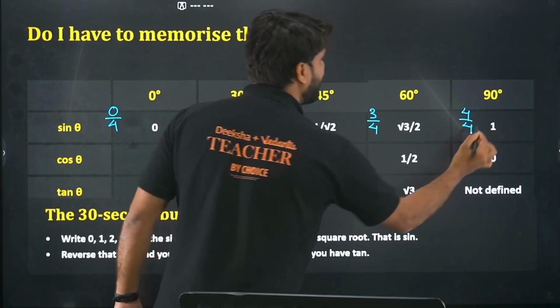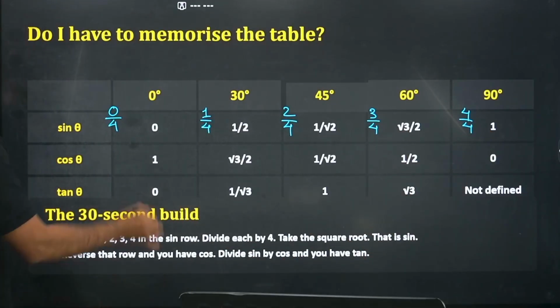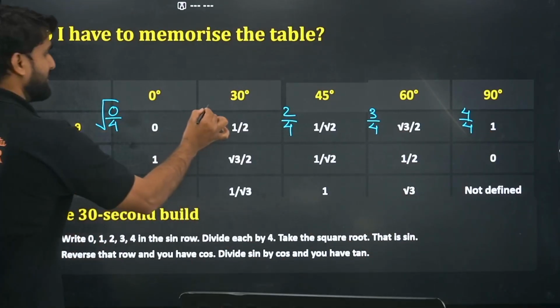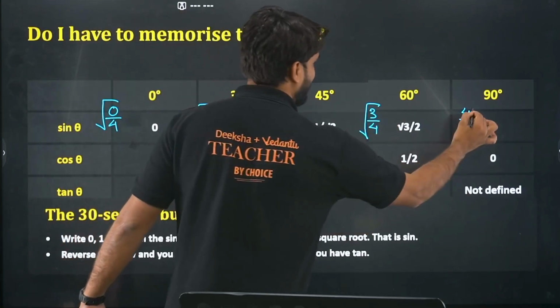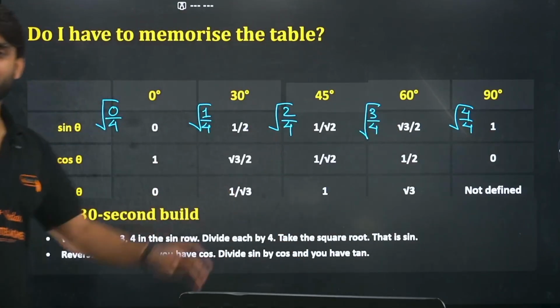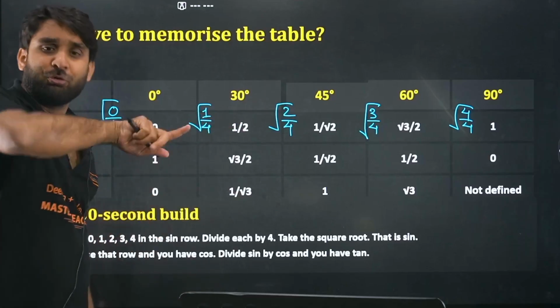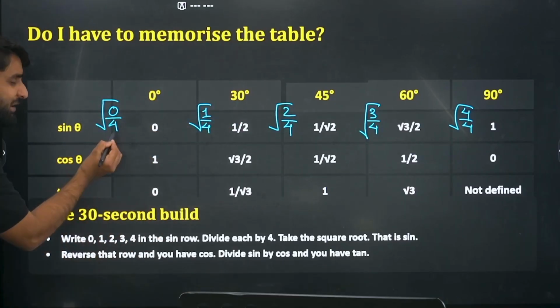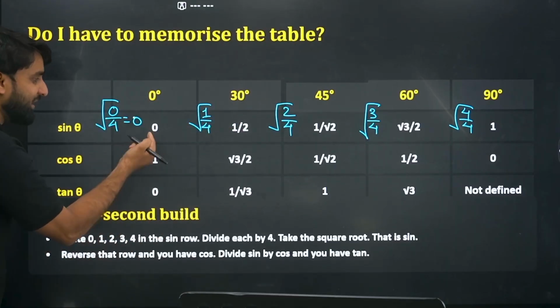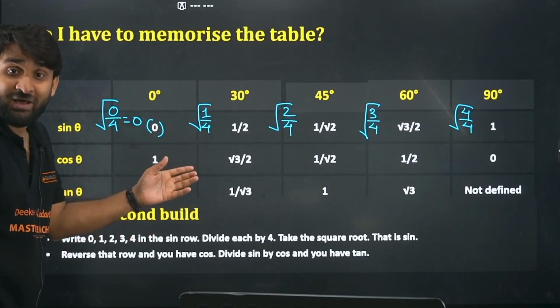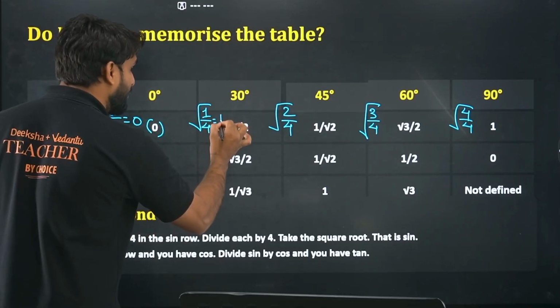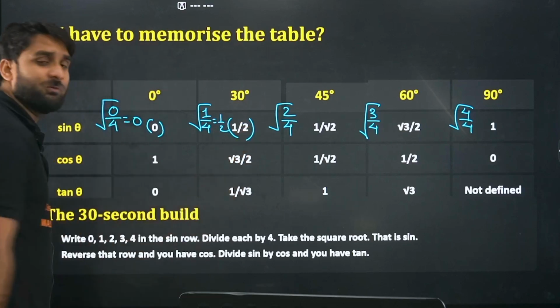After dividing by 4, put the root over all these numbers. Wow, sir, what a trick. First write the counting, divide by 4, now put the root. Now my dear champion, 0 by 4 is what? 0, and root 0 is 0, and look, this is the value. 1 by 4 is what? 4 is a perfect square, so root 1 by 4 will be equal to 1 by 2. Can you see here? This is 1 by 2.